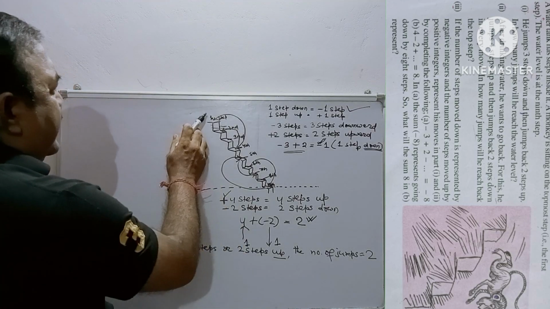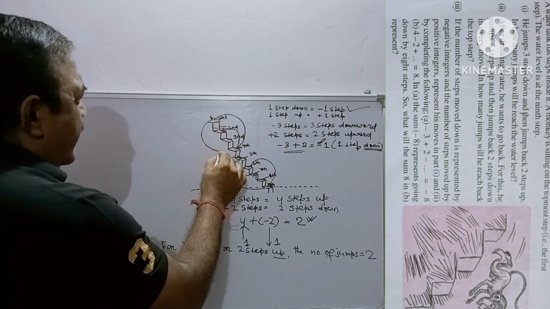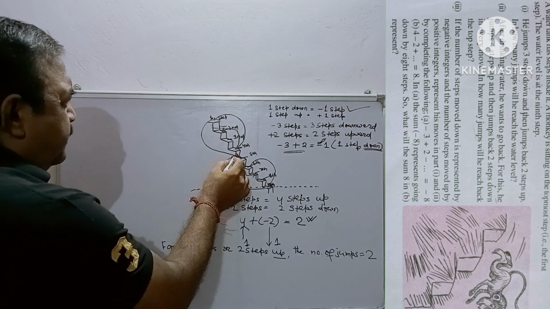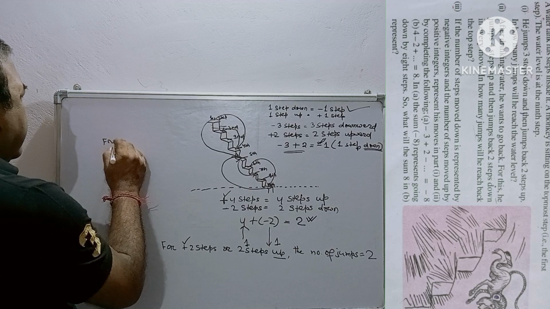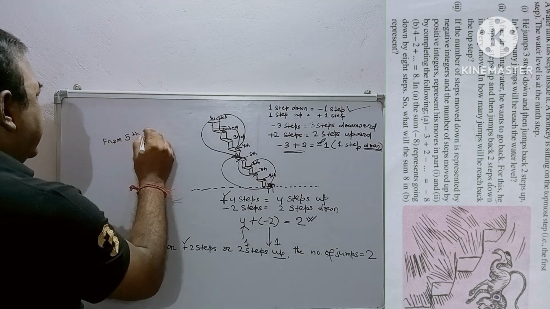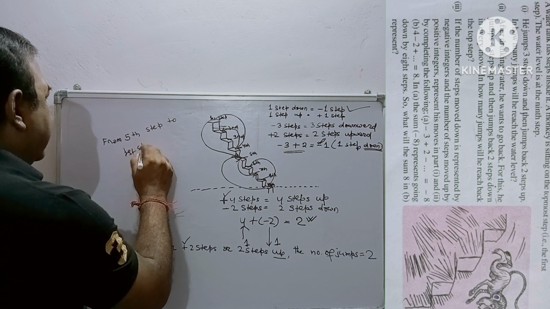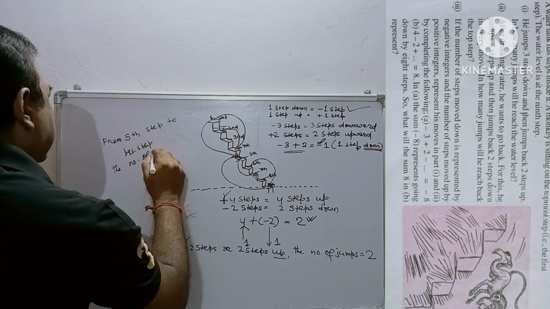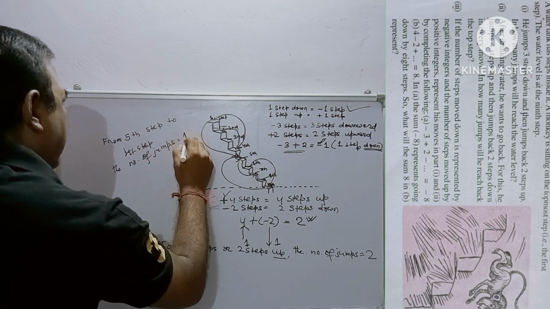Now you see, when he is at the first step, definitely he will be giving the jump from the 5th step to the first step, because from the 5th step to the first step the number is equal to 1.